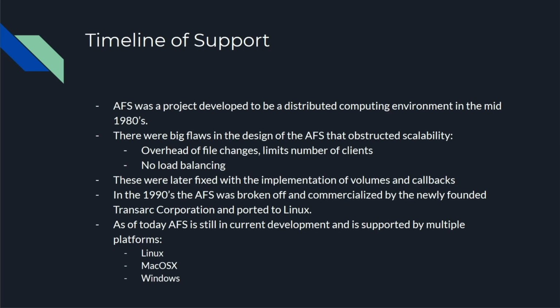Another issue with this is that the load wasn't balanced, so only one file server would be at 100% CPU utilization while another wouldn't be. These were later fixed with the implementation of volumes and callbacks.